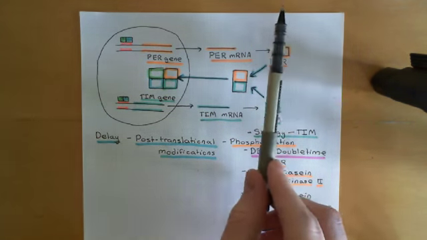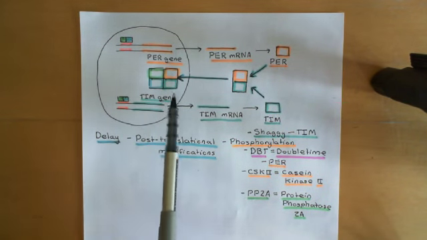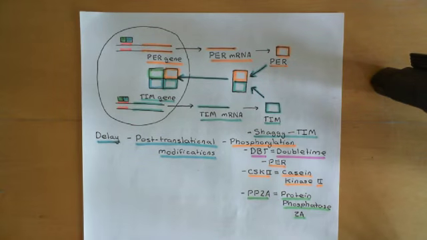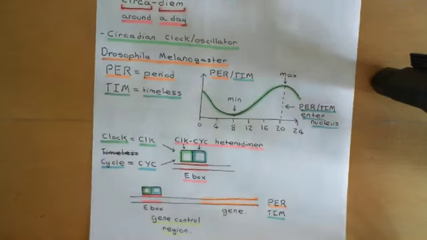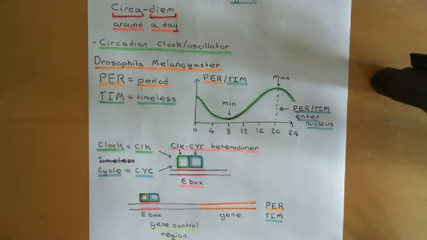Okay, so the ones in the cytoplasm fall, but there is then some great delay about getting rid of the ones in the nucleus. Okay, so that they only really start to be removed towards the bottom here. Okay, so towards 8 o'clock in the morning now, the period timeless heterodimers in the nucleus are being removed.